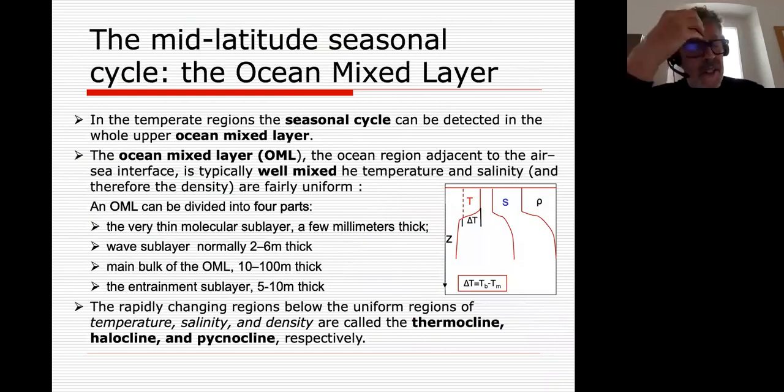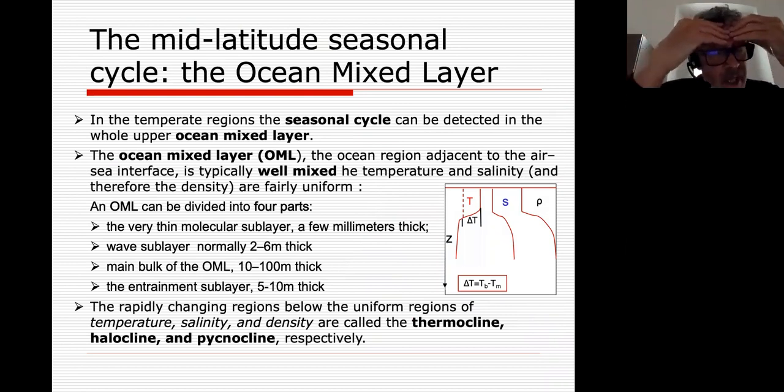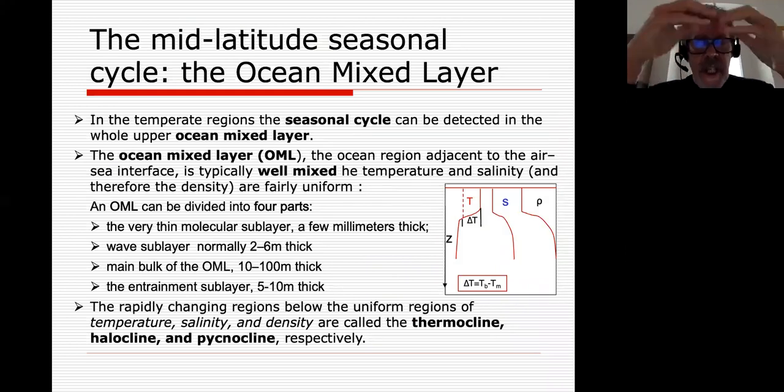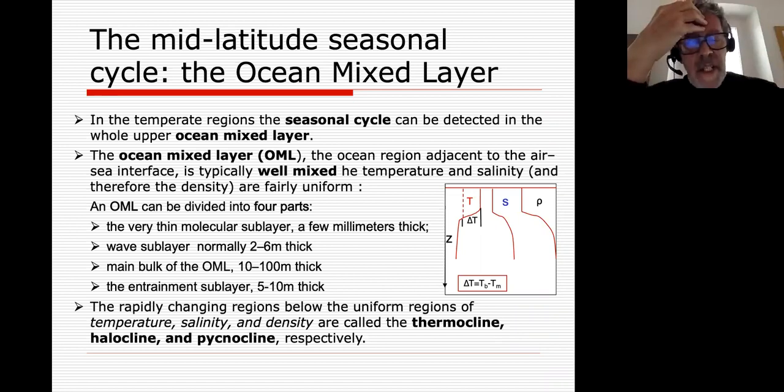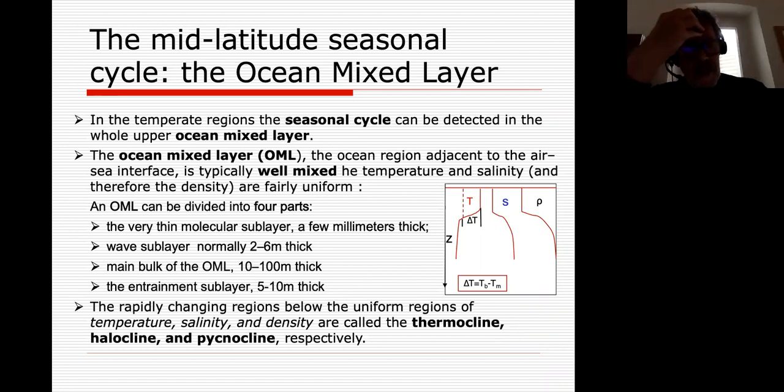Now we abandon the warmer and pleasant water of the tropics and move to the mid-latitude seasonal cycle. And here things behave slightly differently. Let's give more detail on the most evident, most characteristic feature of the mid-latitude upper ocean, which is the seasonal cycle of the ocean mixed layer.